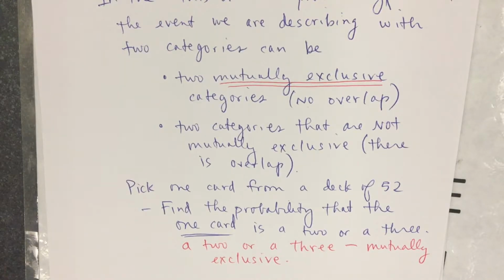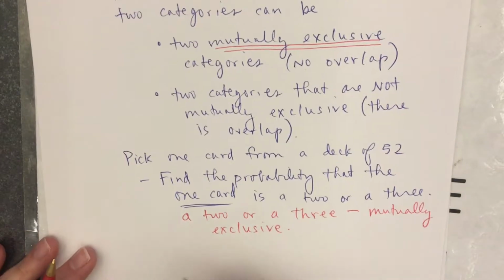We're going to pick one person from that group. Can we pick a player who plays for both LSU and Alabama? Is there any overlap? No. That would be two mutually exclusive groups. I cannot pick a player that's playing on both teams.